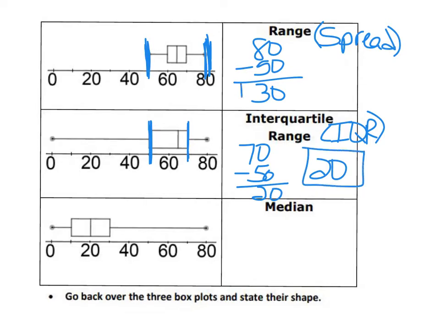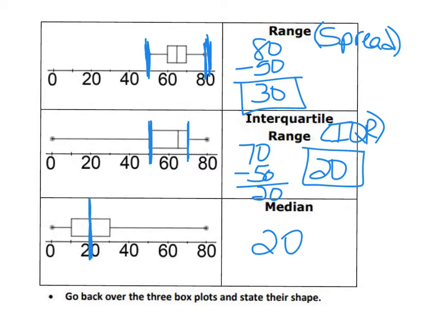So far, so good? Okay, now the median is the easiest thing to remember because in your hand, that's your median. So the median would be what in this box plot? 20. Did you have to solve for anything? No. The median is the easiest thing you could find in the box plot.